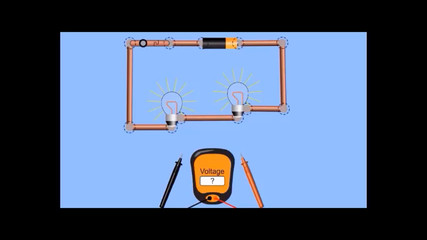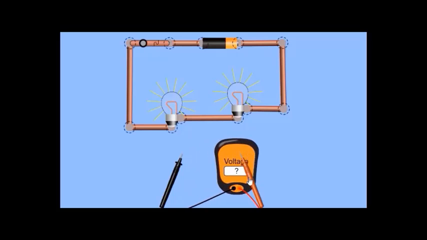In order to find the voltage of these lamps and that of the dry cell, we have to use the voltmeter. So we have to connect this voltmeter in parallel across the first lamp to find the voltage. So the voltage of this lamp is 4.5 volt.